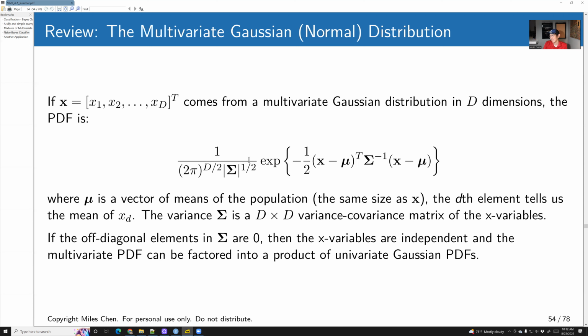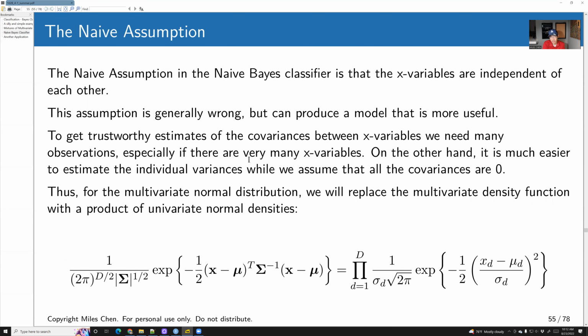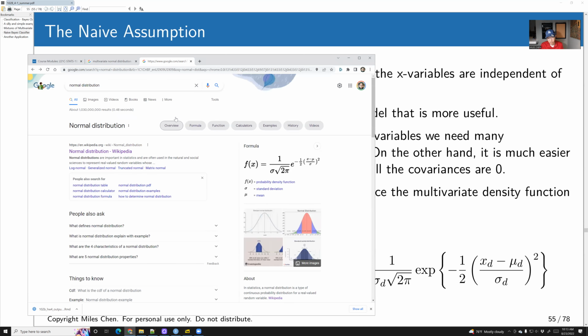Let's assume the x variables are independent of each other. And so we would just break down the multivariate and turn it into a product of univariate PDFs. So we would say the multivariate PDF is the product of the normal distribution for x1 and the normal distribution for x2.